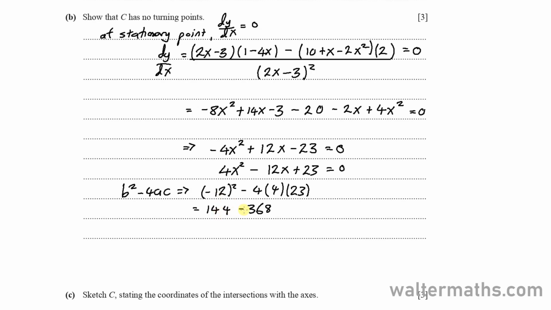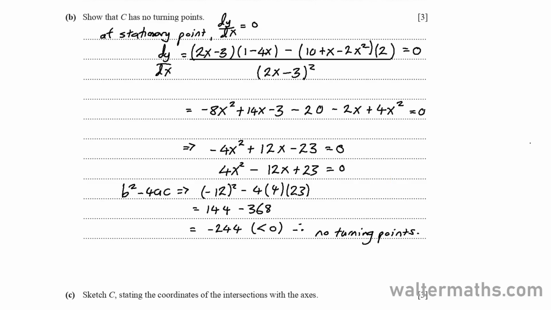And 144 minus 368 gives us minus 224, which is less than 0. And because of that, it means we have no real values satisfying this equation, and therefore we can make the conclusion that there are no turning points on the curve.